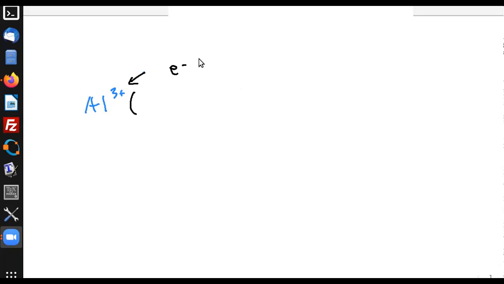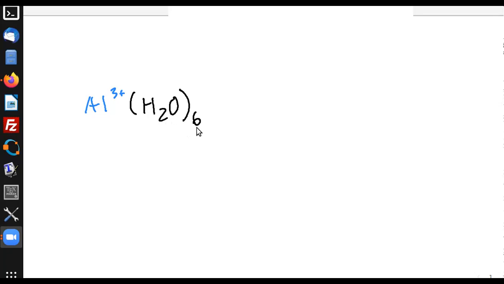But one can also visualize it as a Brønsted acid. Suppose the aluminum ion is surrounded by, say, 6 waters.